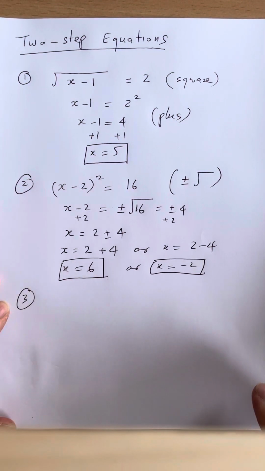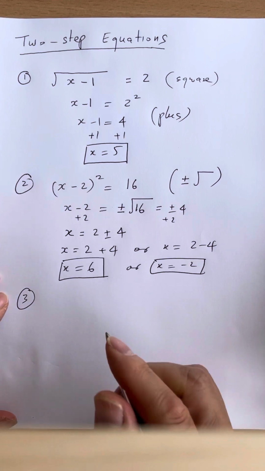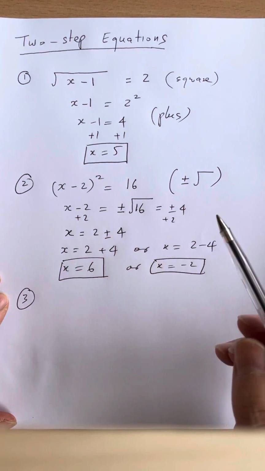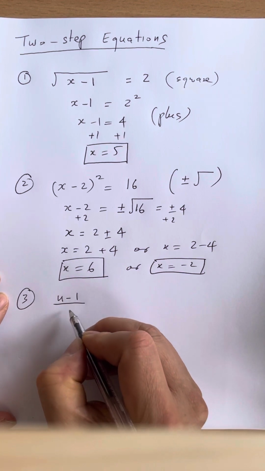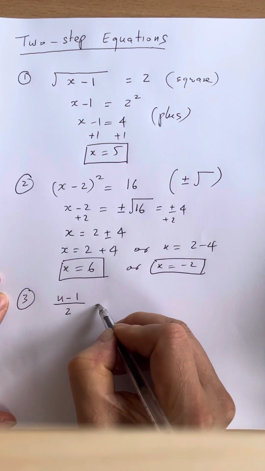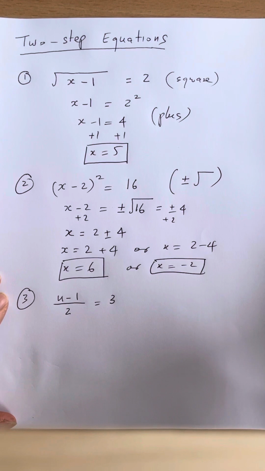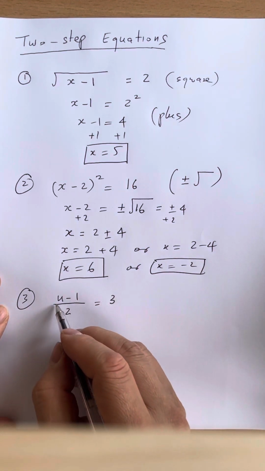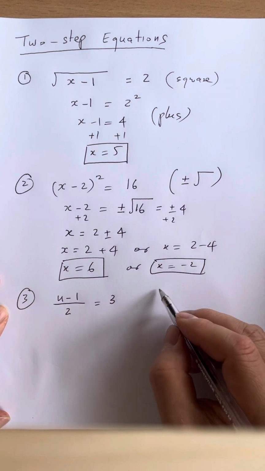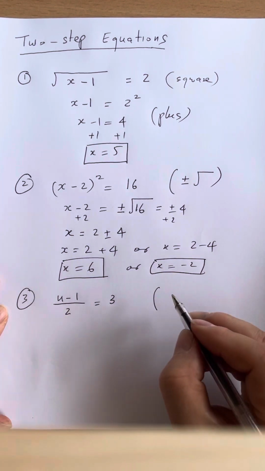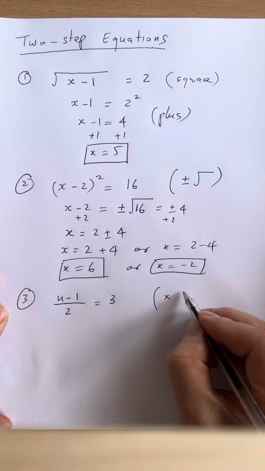So third inverse. So you have square root, square, then you have divide. Divide means over. So that's there. So the first step is do the inverse of over. So the inverse of over is times.